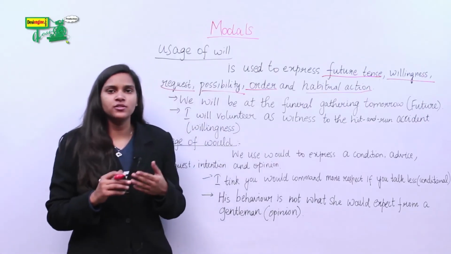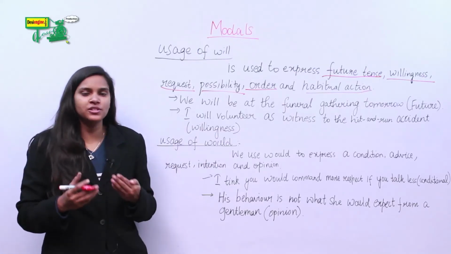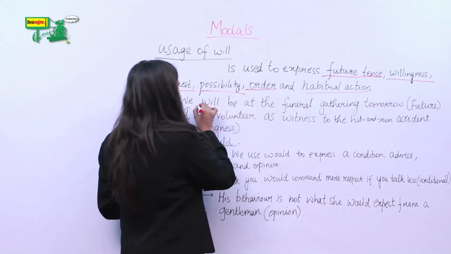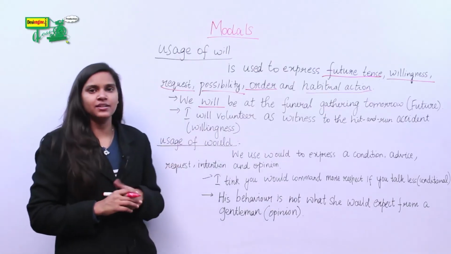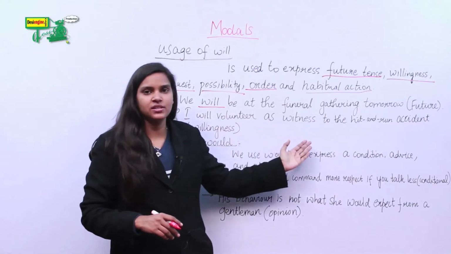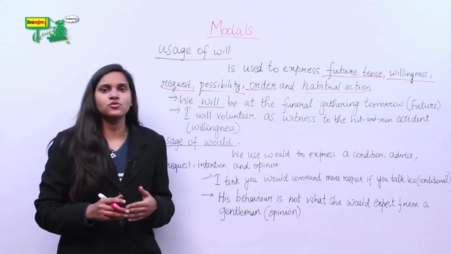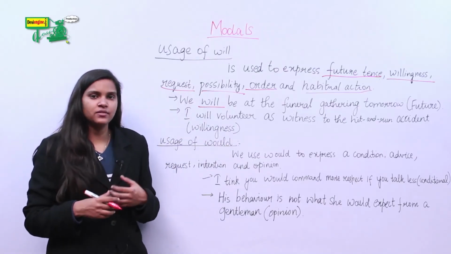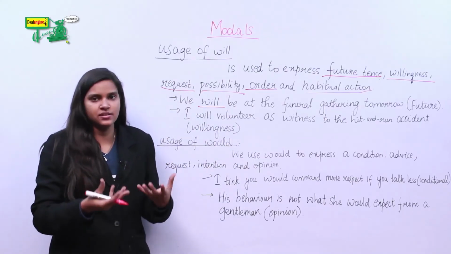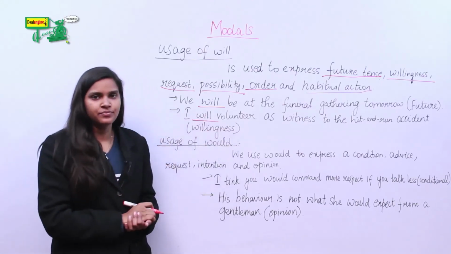This sentence talks about a situation which will take place in future. Therefore, usage of the modal verb will. Let's take another example. I will volunteer as witness to the hit and run accident. This sentence talks about a situation where there is a willingness. Therefore, usage of the word will.